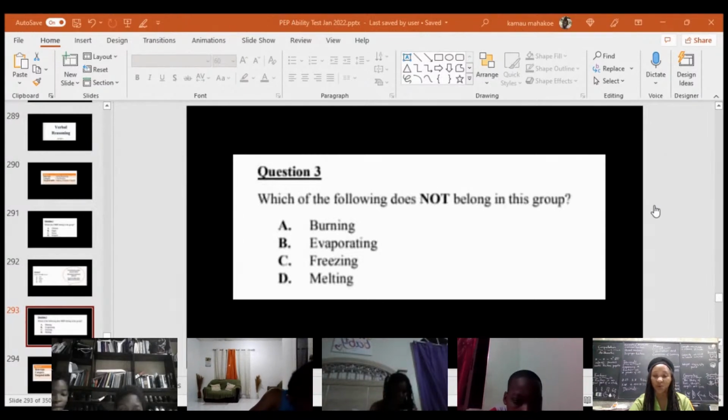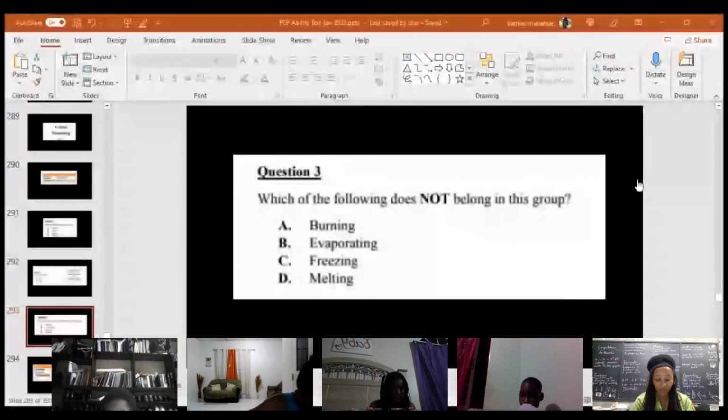Ashley says freezing is the only thing that's cold. So is melting, what about melting? Is that hot necessarily? It's just a change of state. And some things are warmer when they're melting. It depends on the material that the thing is made from. You can't just say some of these processes are necessarily hot or cold.